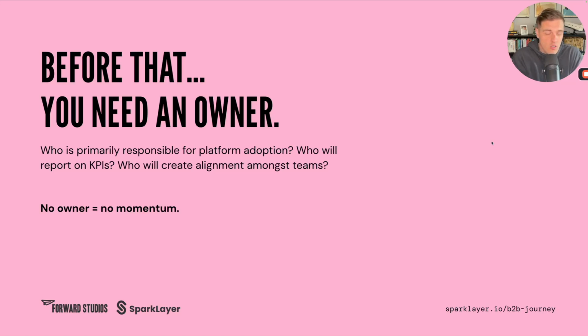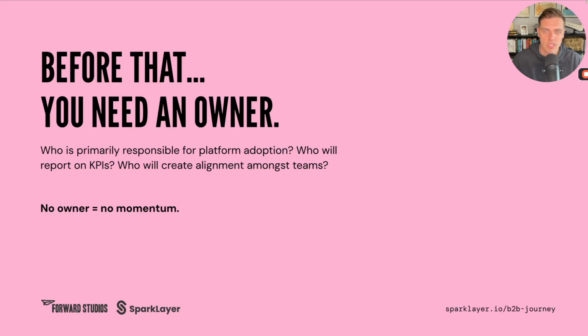Before you do this, though, let's just pause and make a quick disclaimer. You need an owner, a project owner, someone who's going to be responsible for reporting on adoption, who's the owner of platform adoption, who's going to report on KPIs, who's going to create alignment amongst the teams. If you don't have an owner, you're not going to have momentum. What I typically see is, as a CRO, that was kind of my job.